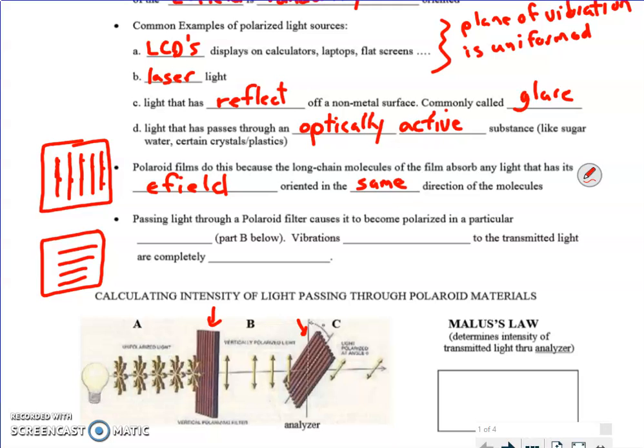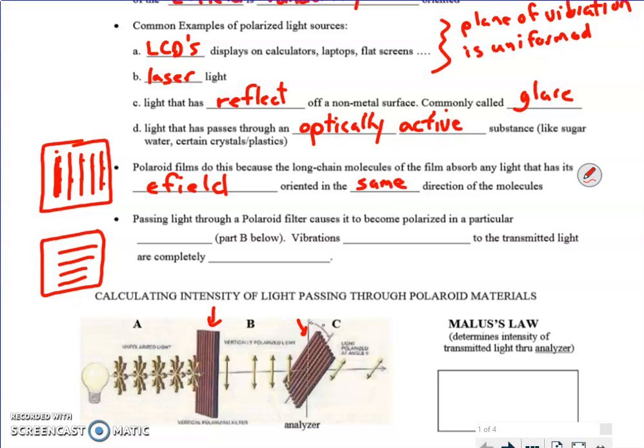And because of this orientation, if unpolarized light comes in, anything that is vertically vibrating up and down as opposed to horizontally oriented is going to cause the charges in this to basically oscillate and absorb that particular orientation, so that anything that's oriented 90 degrees to this basically passes through.